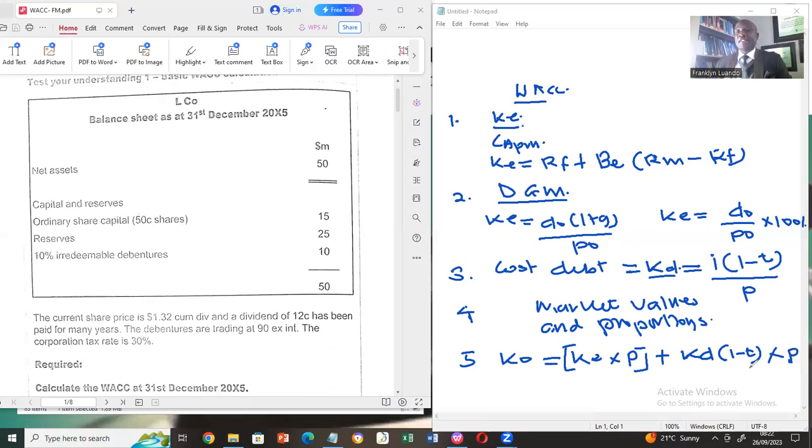So basically, these are very important steps that you need to take when calculating the WACC. So now we can go to the question.